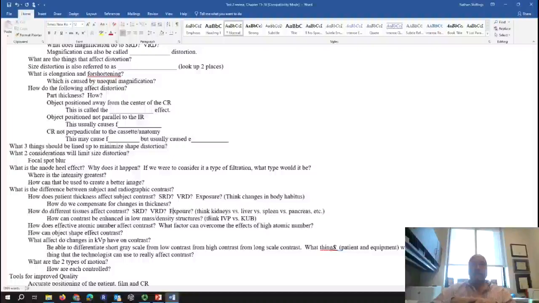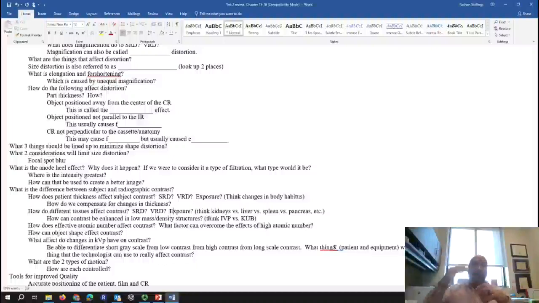Shape can affect contrast. What we want is the shape of the anatomy to follow the divergence of the central ray. Otherwise, we can get what we call absorption blur, which gives us the appearance of decrease in contrast.